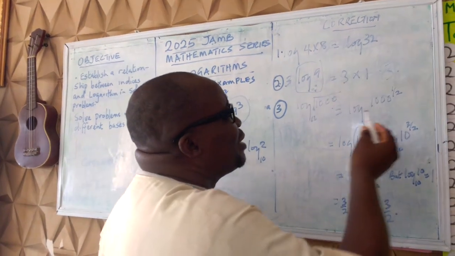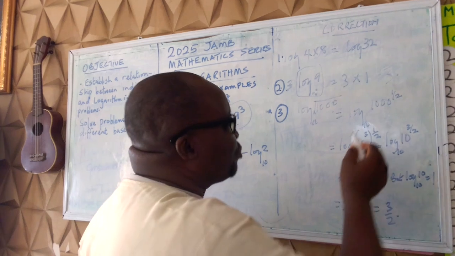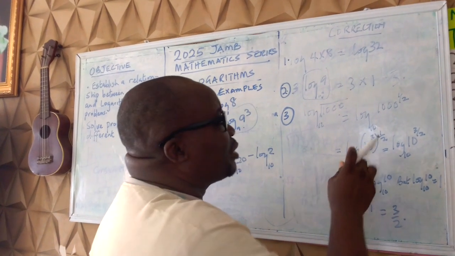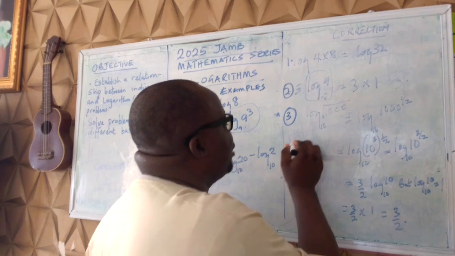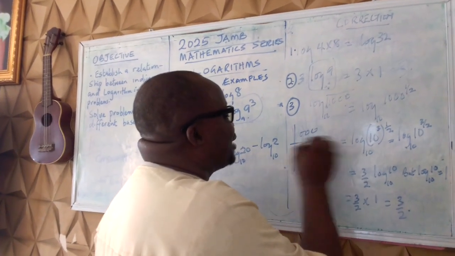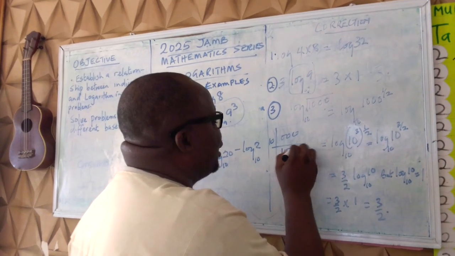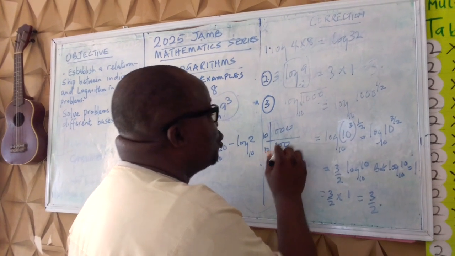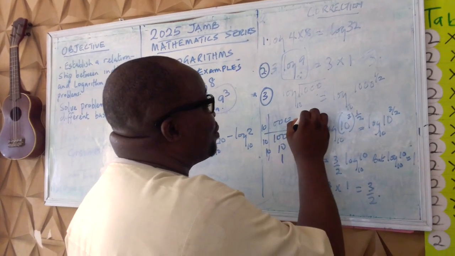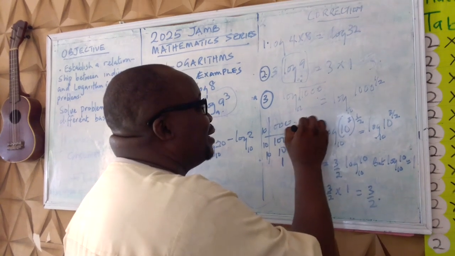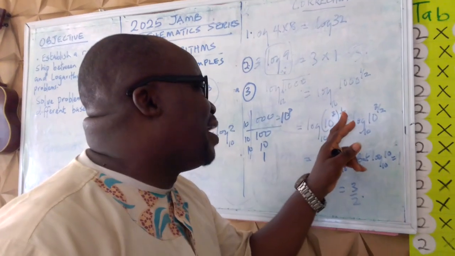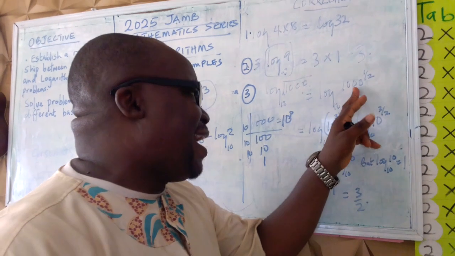Now 1000 can also be written in base 10: 10 can go into 1000 three times, 1000, 100, 10, 1. So this 1000 also means 10 raised to the power 3. Do you get it? 10 raised to the power 3, everything raised to the power half.